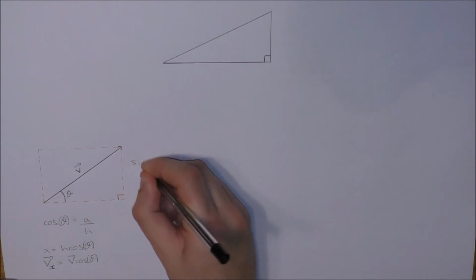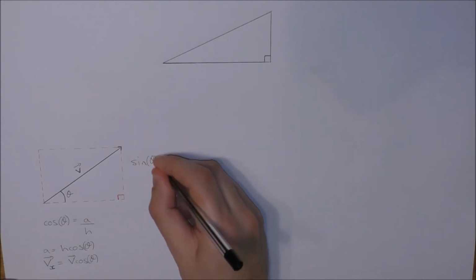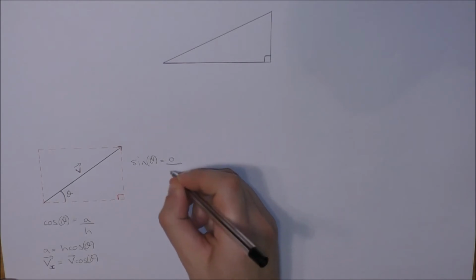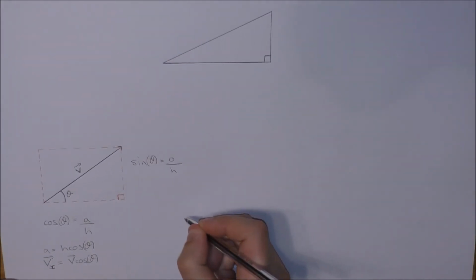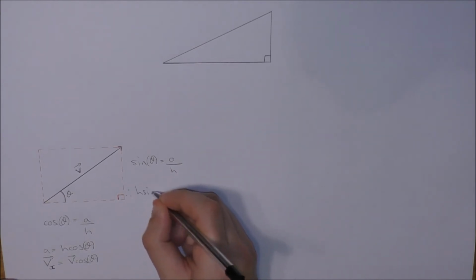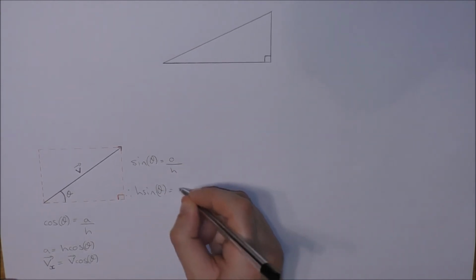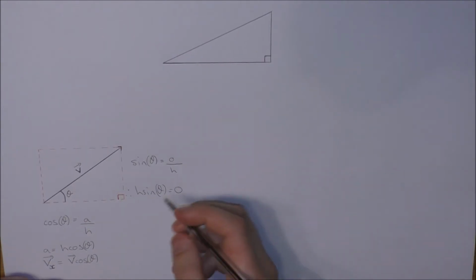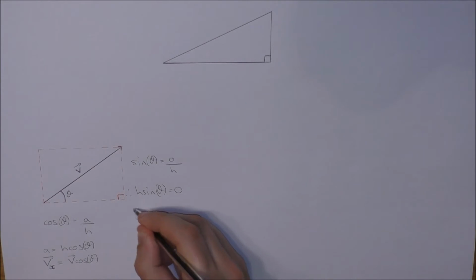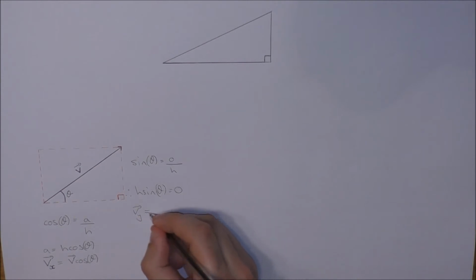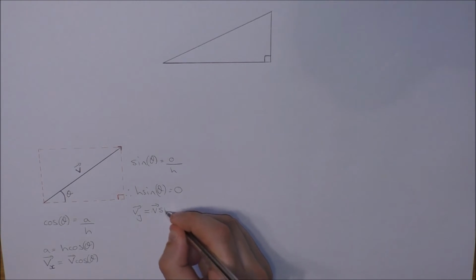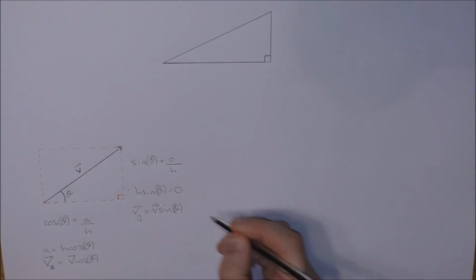And the trigonometric identity that links those together is that sine of the angle is equal to the opposite over the hypotenuse. Therefore, h sine theta equals the opposite, and I can write that as Vy equals V sine theta.